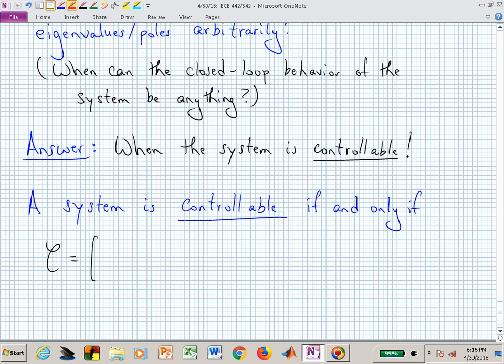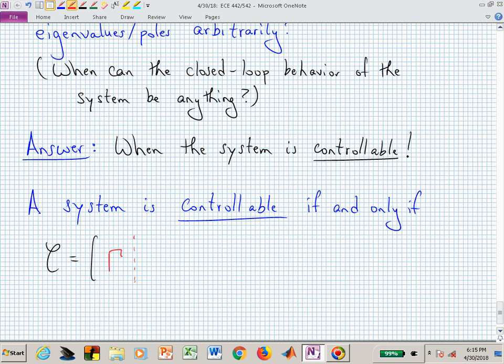A system is controllable if and only if we build up this controllability matrix, which I'm calling script C, made up of a collection of columns. We start packing columns into it, and the very first set of columns is going to be the input matrix, gamma. How many columns are in gamma, generically?